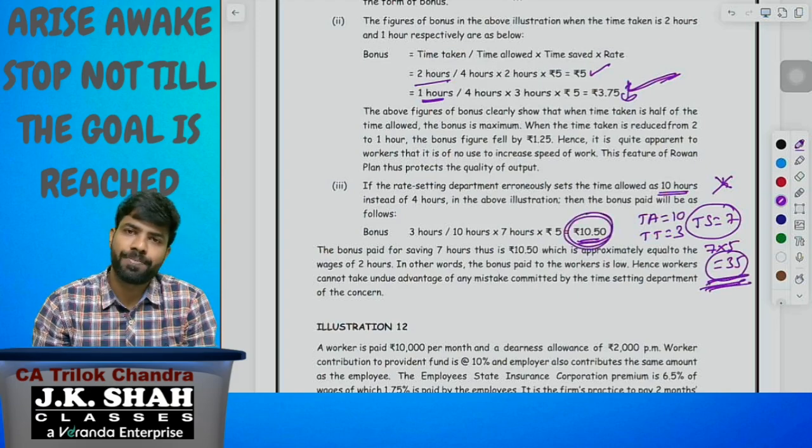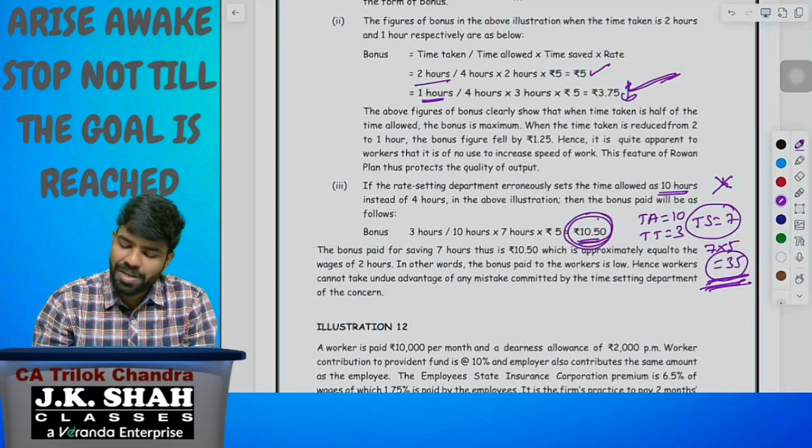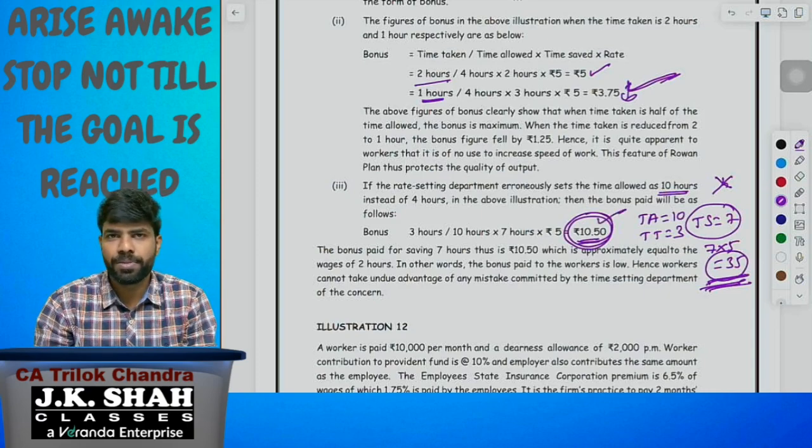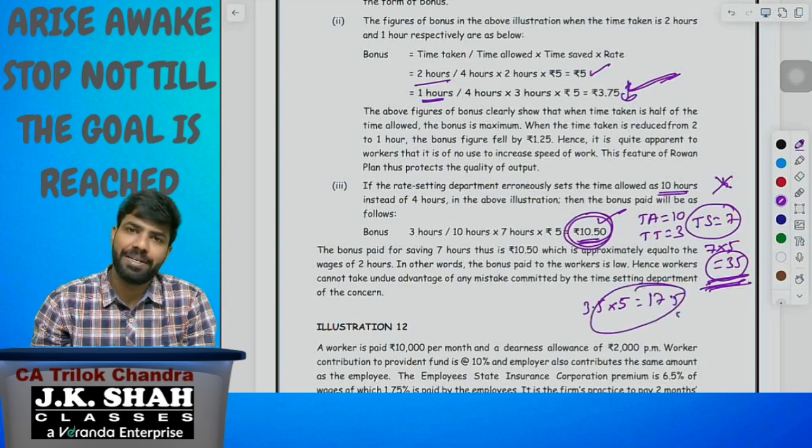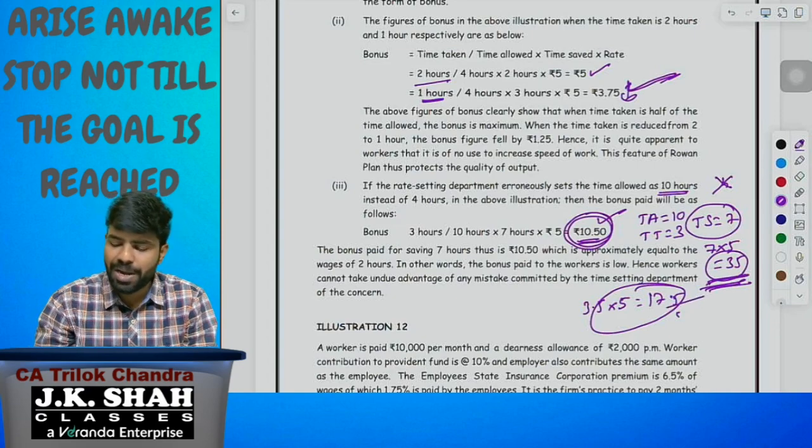Only 10.5. Out of 35, we are paying only 10.5. If you take Halsey, 50% of the time saved, that is 3.5 hours into 5 rupees, equals 17.5 rupees would have been paid. Is paying a 17.5 bonus better, or a 10.5 bonus better? The 10.5 bonus is better.